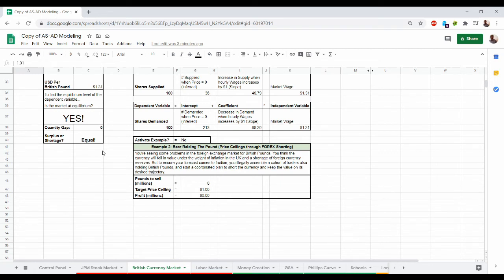The idea with a bear raid, though, and the part that makes it problematic, is that the bear raid implies that there is a cohort, a group of people who are conspiring with each other to keep the price of an asset below its fair market value, so that they materialize the gains that they were looking for by short selling the asset.